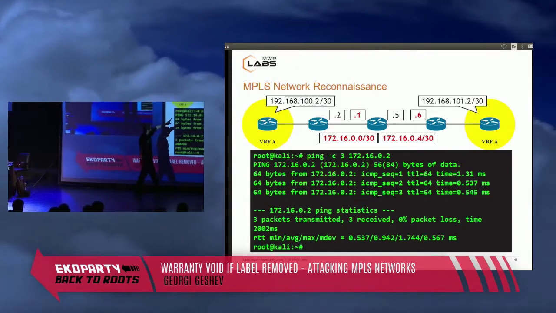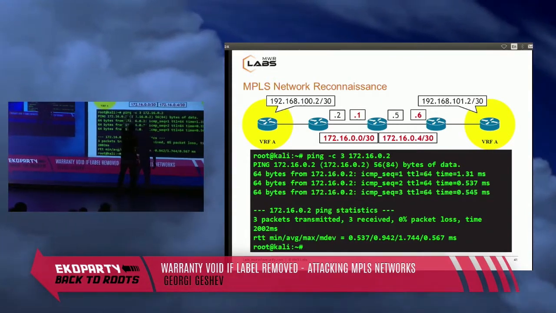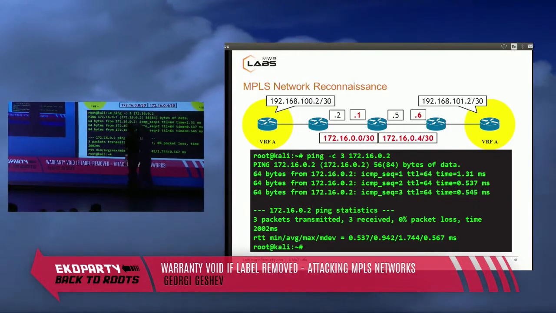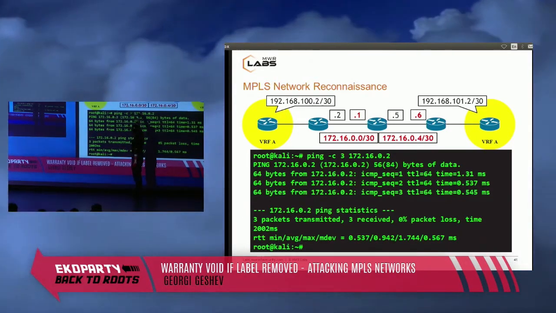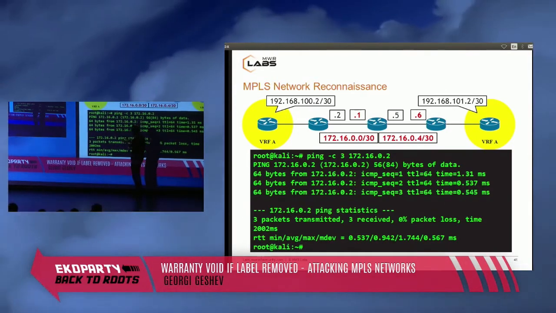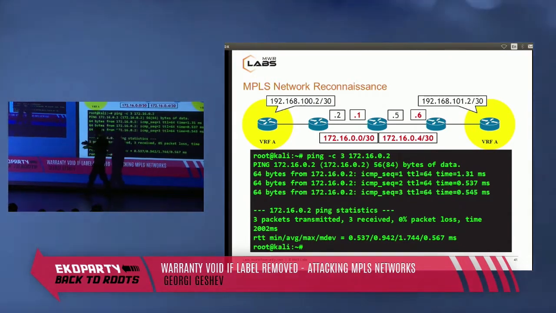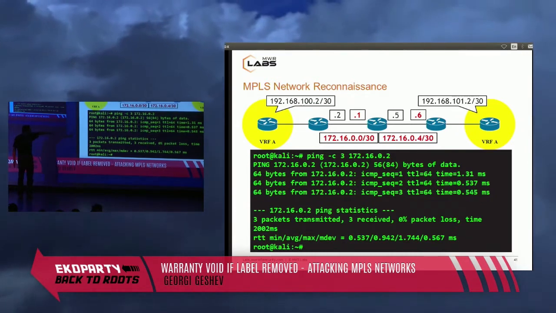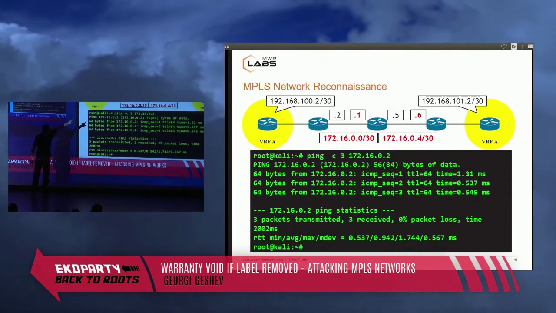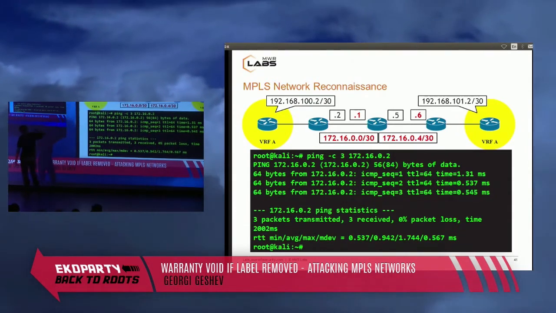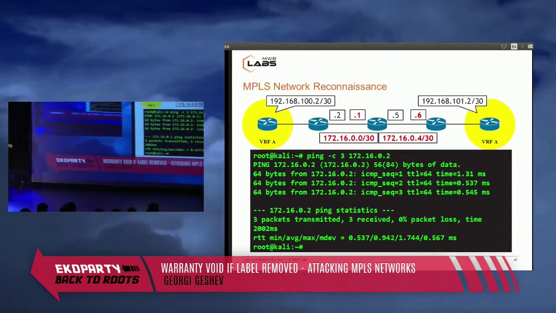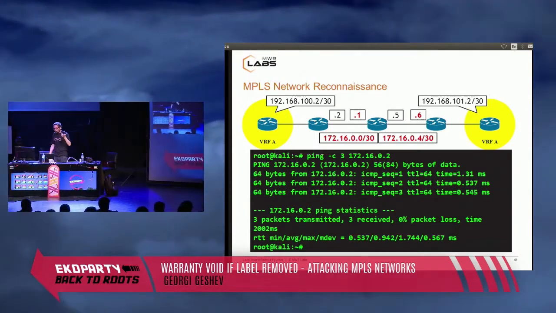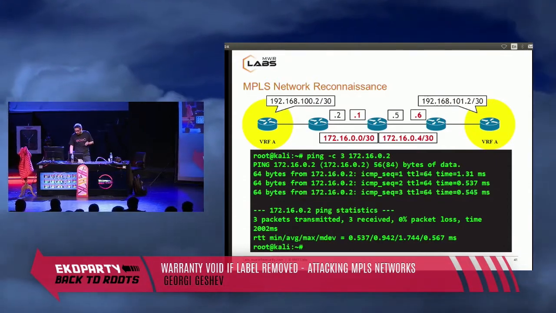In this case, basically, we have PE1, this PE device, having this IP address assigned to its MPLS-enabled interface, and we are able to send traffic directly to it. And the only reason we see the responses back is because this device has the relevant VRF configuration. Again, a serious problem, but only affects a single vendor.